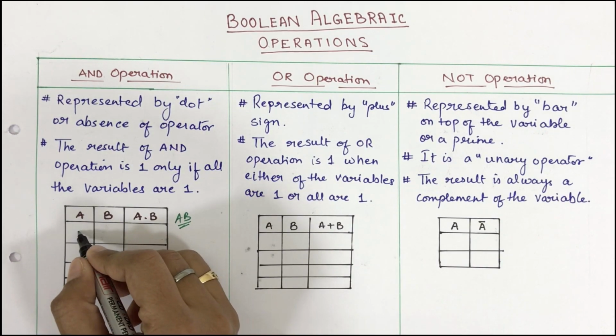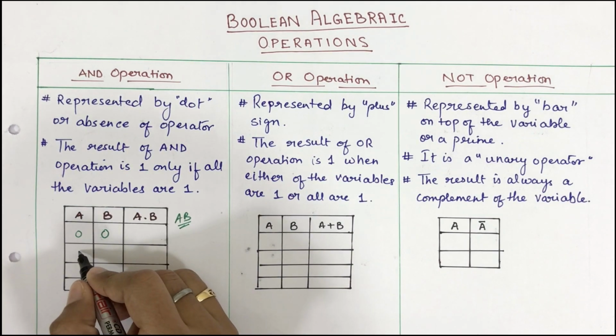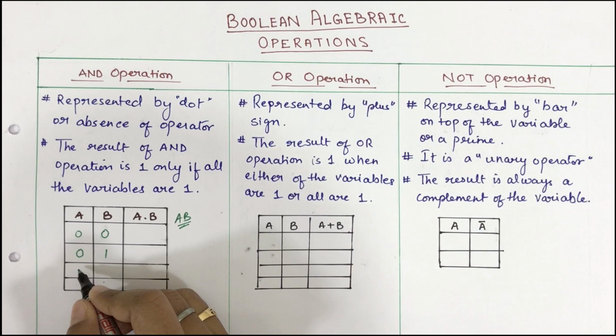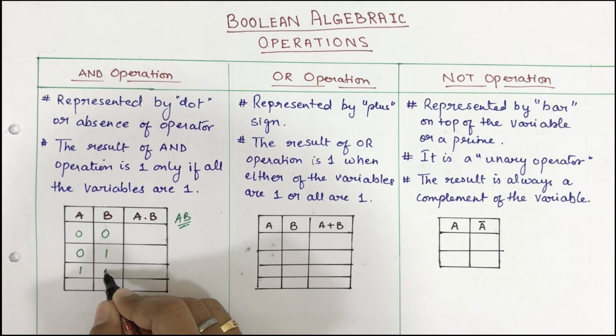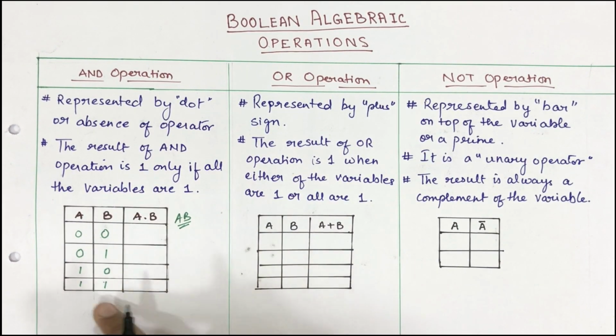First case will be 0 0, then 0 1, then 1 0, 1 1. These are the four possible cases if we are having two variables.